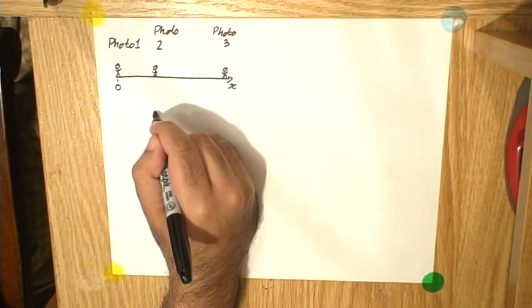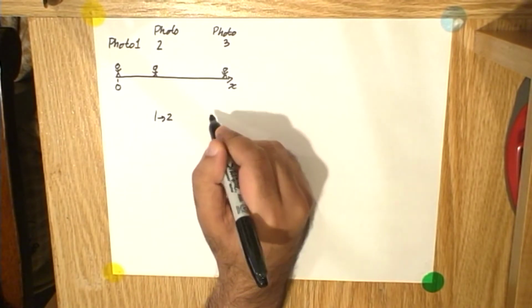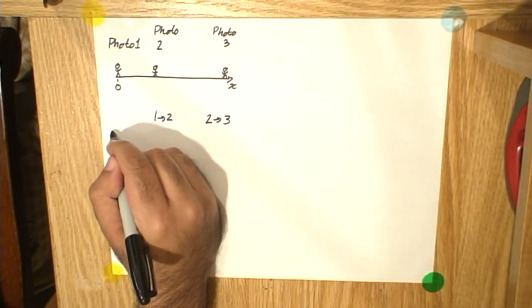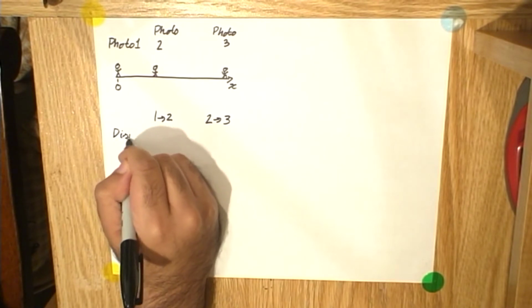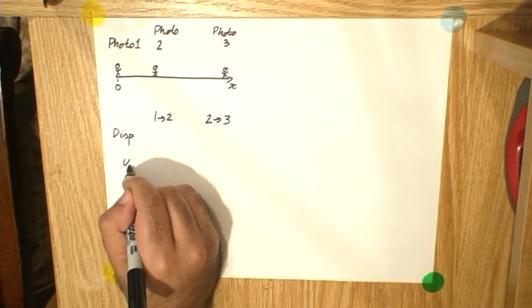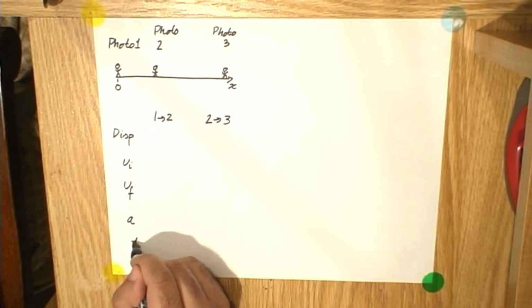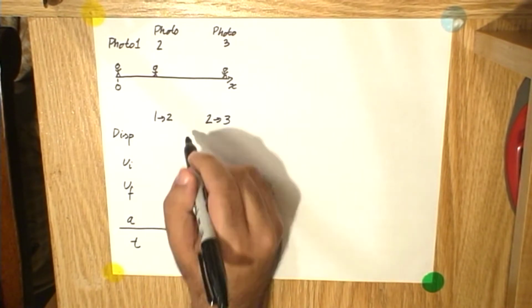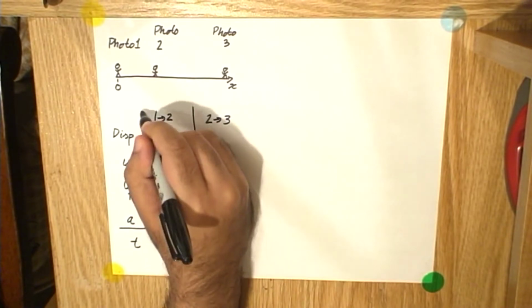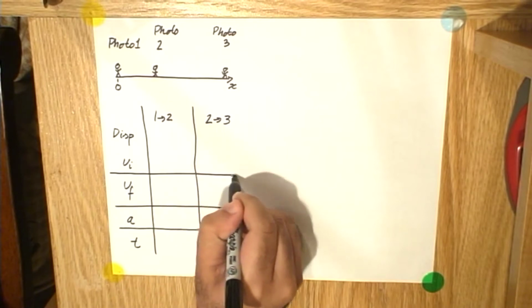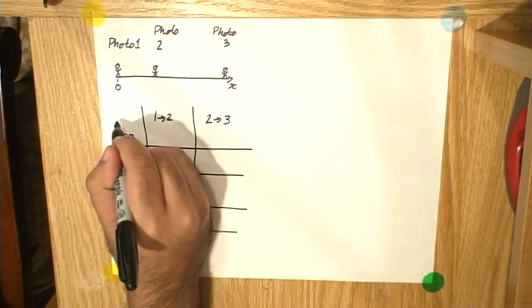So in region 1 to 2 versus region 2 to 3, we're going to have to work with the displacement, the initial velocity, the final velocity, acceleration, and the time. So let's think about all of the things that are known in this story.